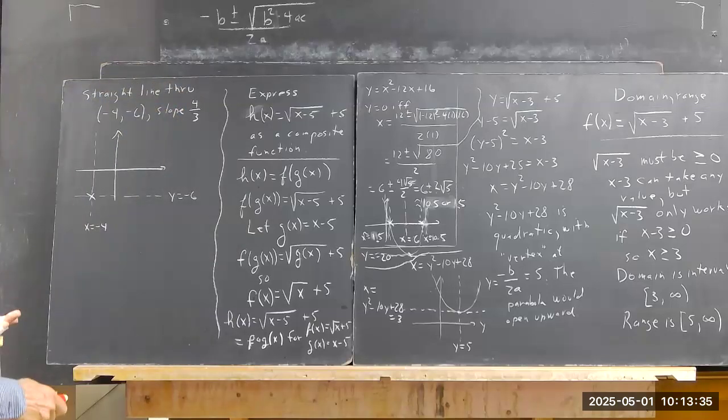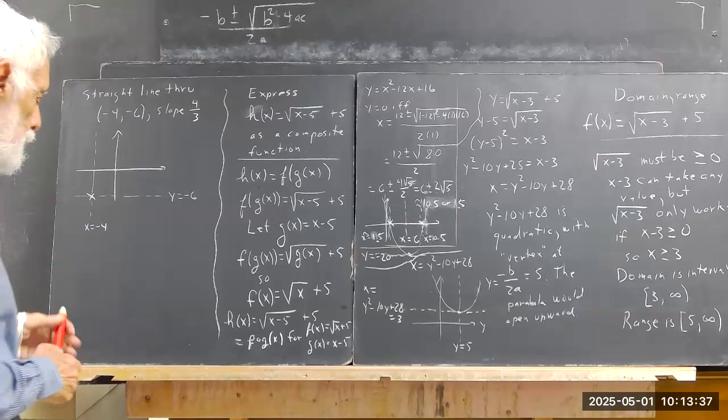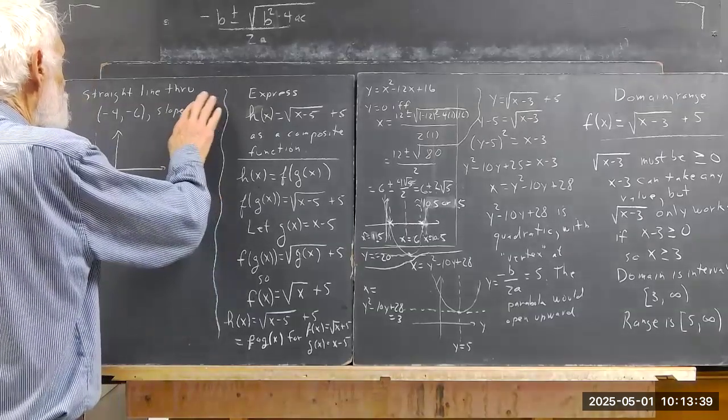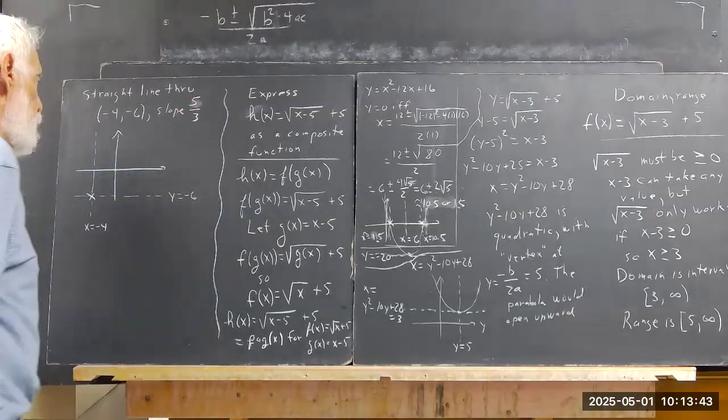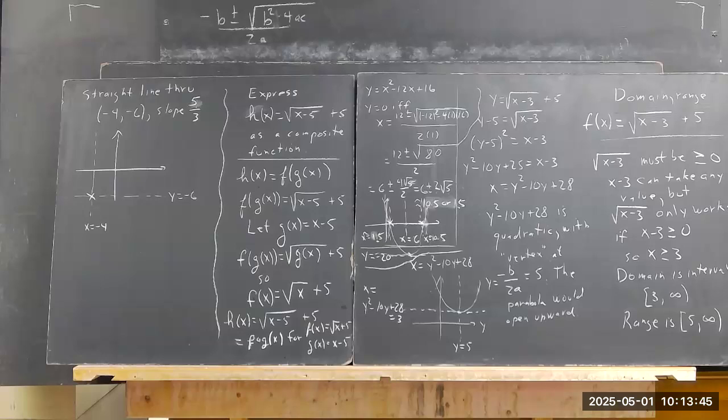Okay, well, I'm going to change this. I want that to be 5/3. It's an unfortunate consequence of using 4/3. Actually, I didn't need to do that, but that's okay.